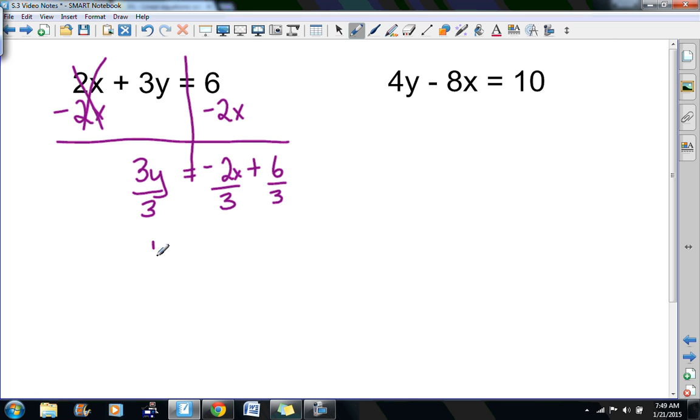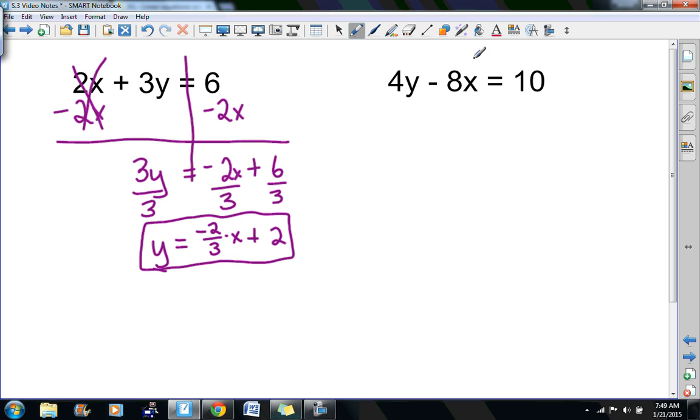So I get y is equal to negative 2/3 x plus 2, because there's negative 2/3, and there's the positive 2 right there. And now that should be the same as what we started with up here, just rearranged.